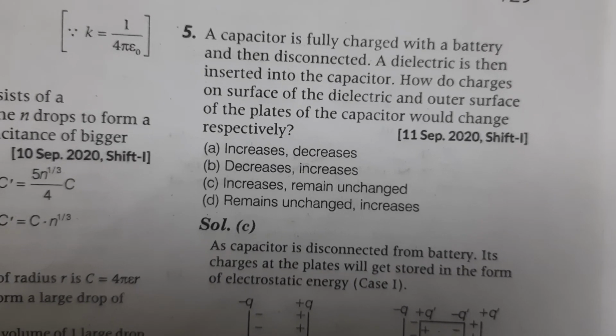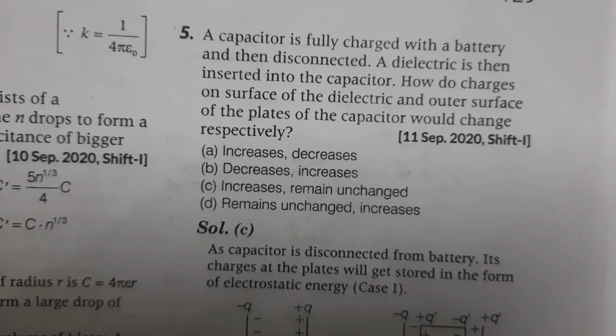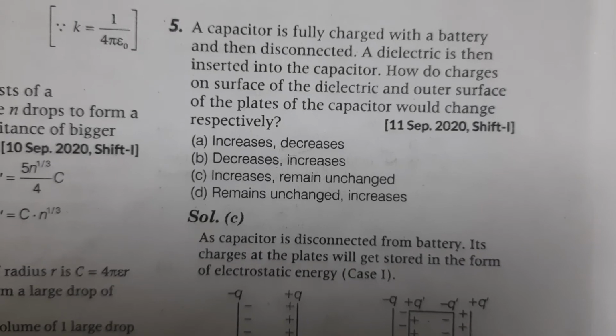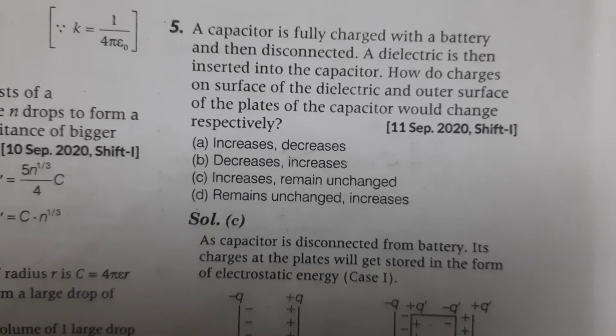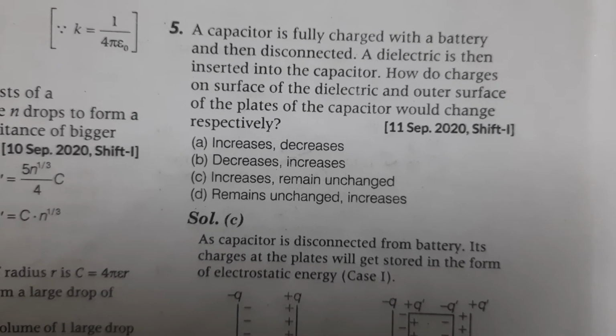First one is increases, decreases. Second one is decreases, increases. Third one is increases and then remains unchanged. Fourth is remains unchanged and increases. Look here. When we are taking this problem, see, this is the battery we are taking. It has both positive charge and negative charge.